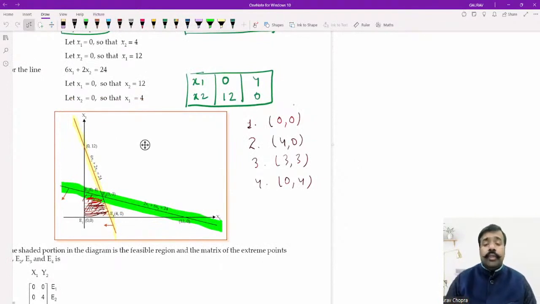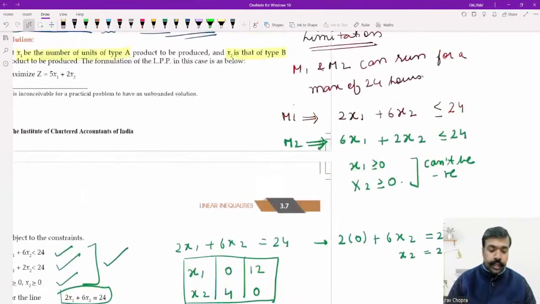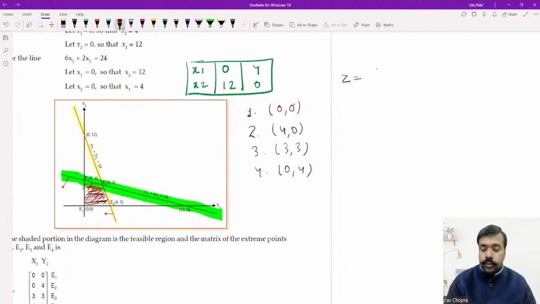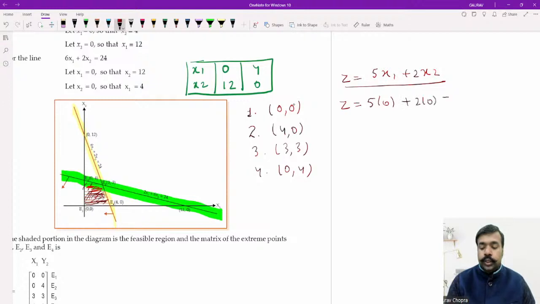Now we have to put them in the objective function. What was the objective function? It was 5x1 plus 2x2. Now let's substitute the values. It will become 5 into 0 plus 2 into 0, that is 0.